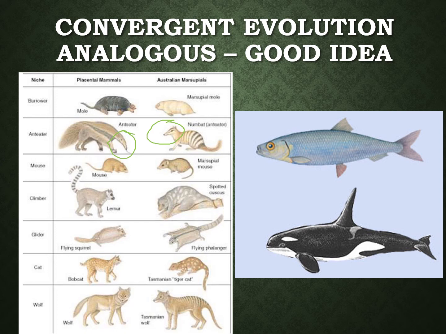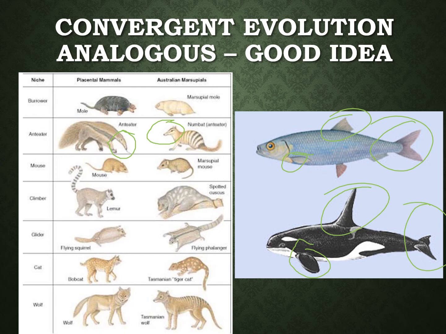Another example here is a fish and an orca whale. Obviously the orca whale is a lot bigger, but they're similarly shaped. Both of them have front fins, dorsal fins, and the tail in the back.